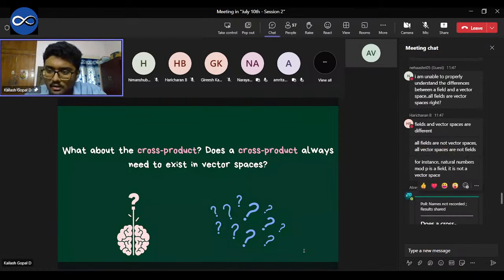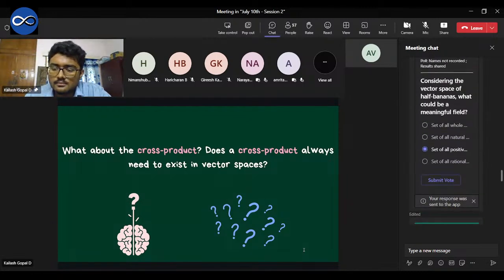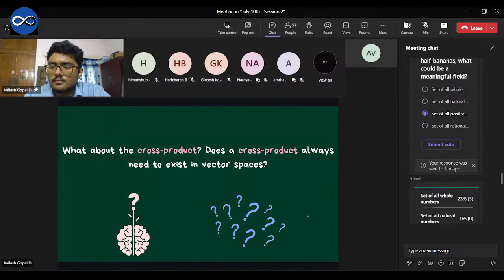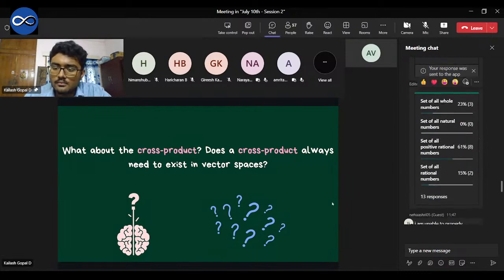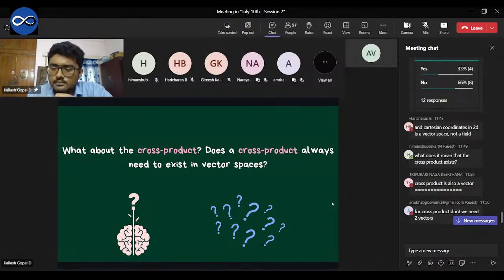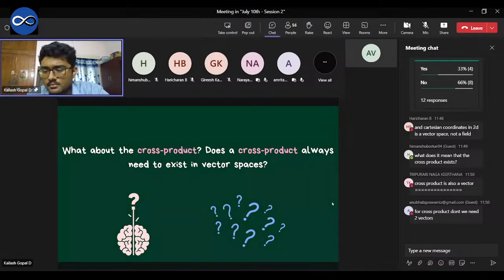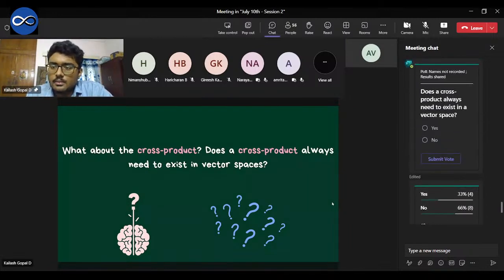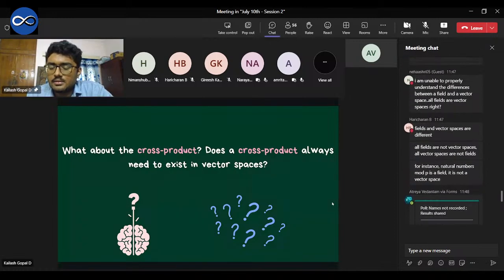Correct, the cross product is also a vector. For the cross product we need 2 vectors, and you take those 2 vectors and operate on them.